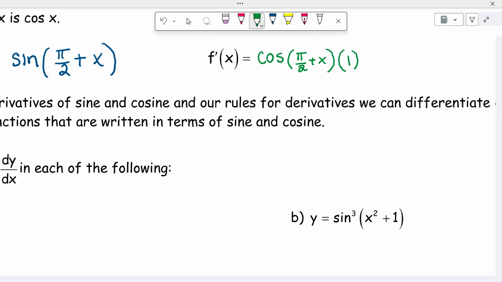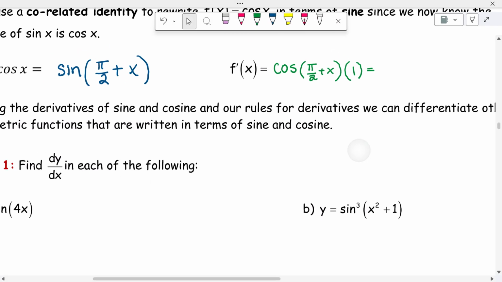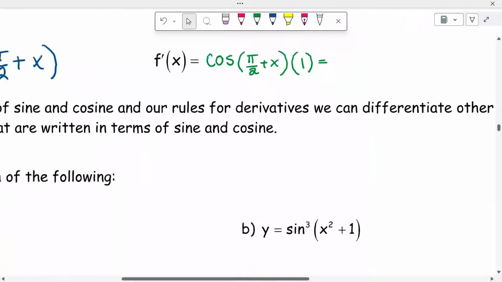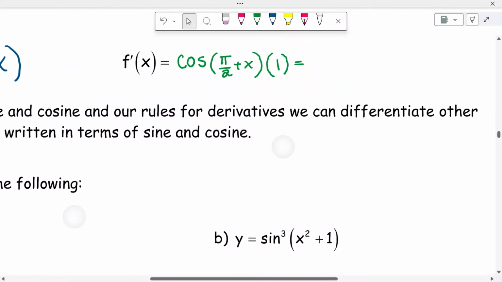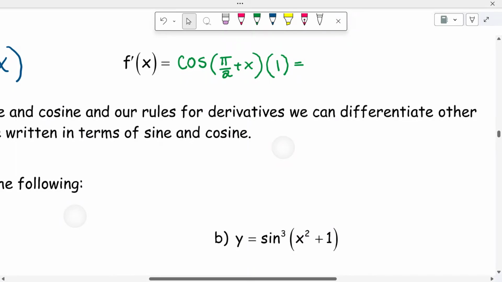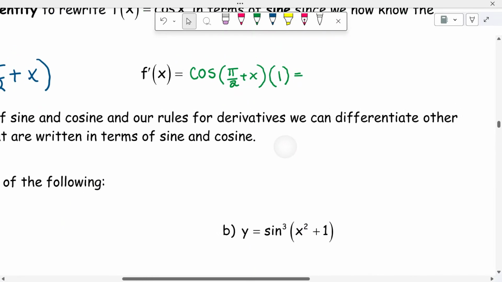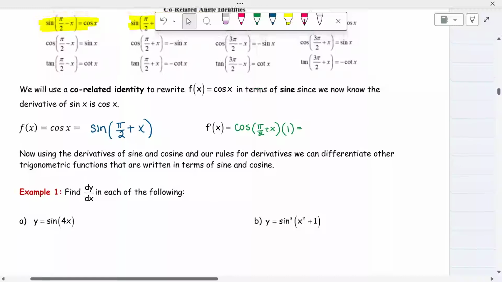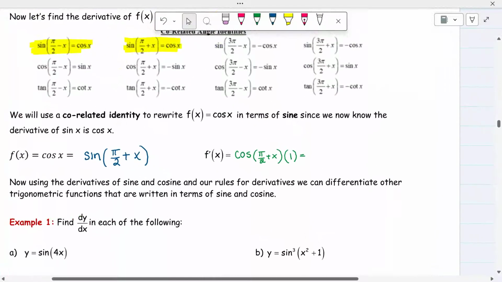All right, so we could say the derivative of cos x is cos bracket pi over 2 plus x, but look above. What else could we say it is? Do you guys all see that it's negative sine x? All right, so we're just looking right here.